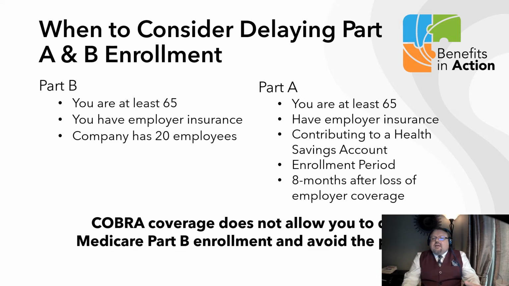By the way, employer coverage for a company that has less than 20 employees is also not deemed creditable coverage. So if you are working for a very small employer, you're going to want to sign up for Part B as soon as you turn 65, because small employer group coverage is not deemed creditable. And like I said, neither is COBRA.